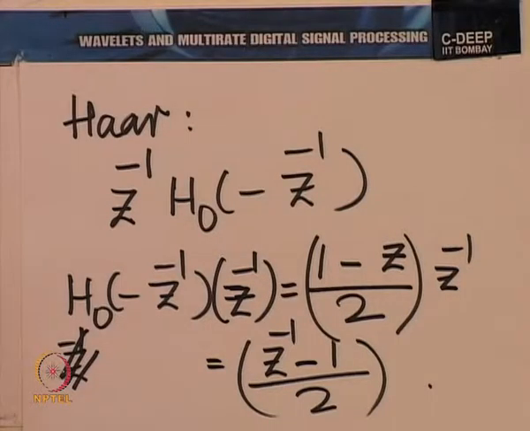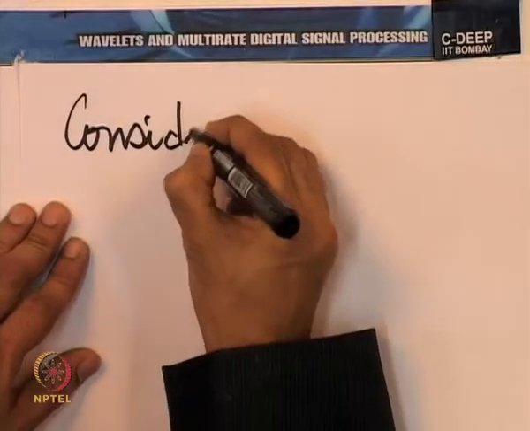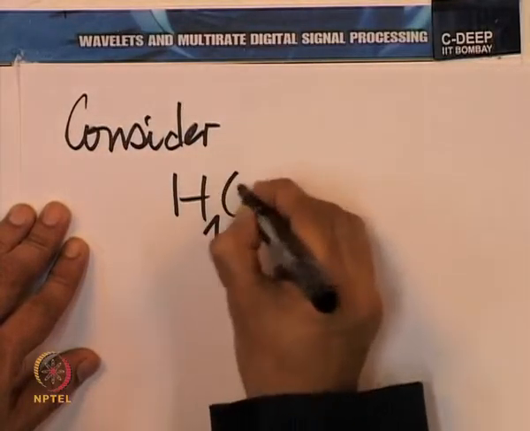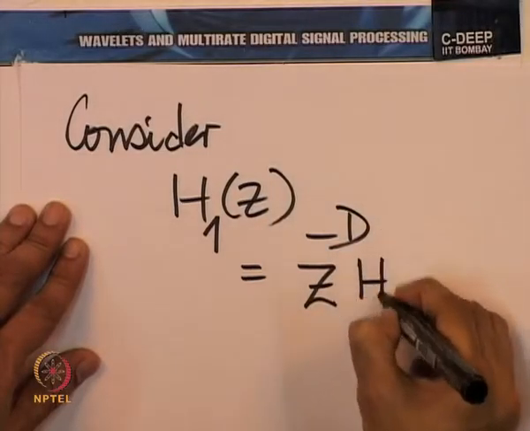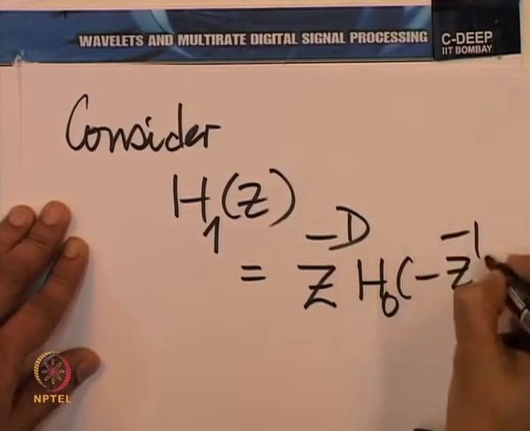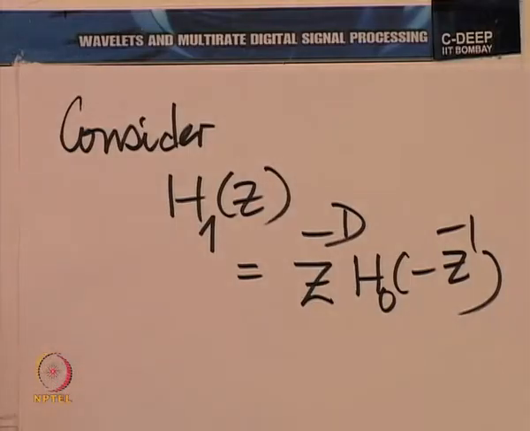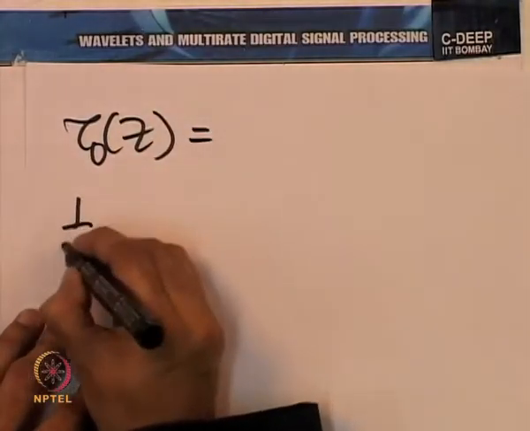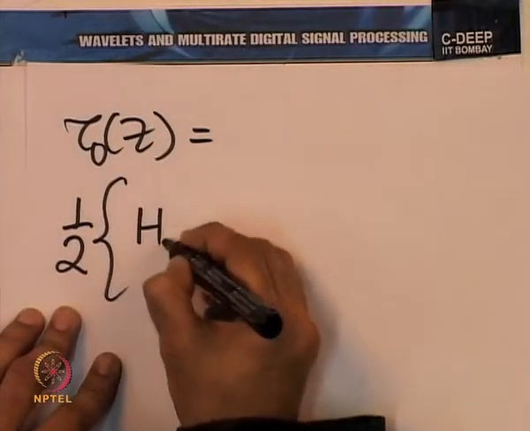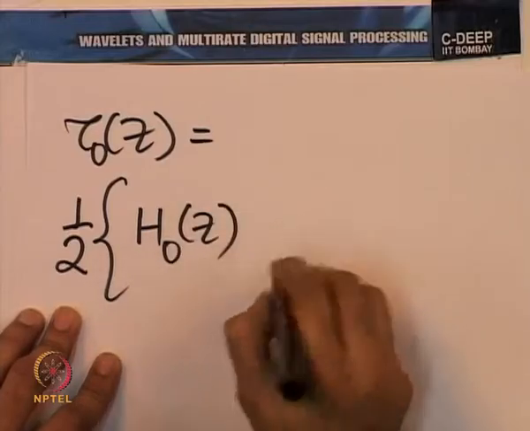Now, let us make this the most general case. So, we will consider h 1 z to be of this form, z to the power minus d h 0 minus z inverse, and write down the tau 0 z for this. Tau 0 z would become half then h 0 z h 1 of minus z.